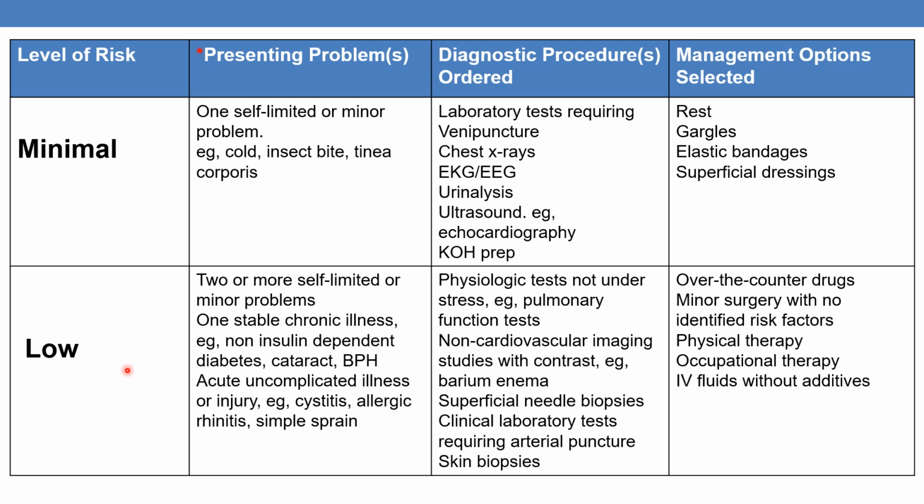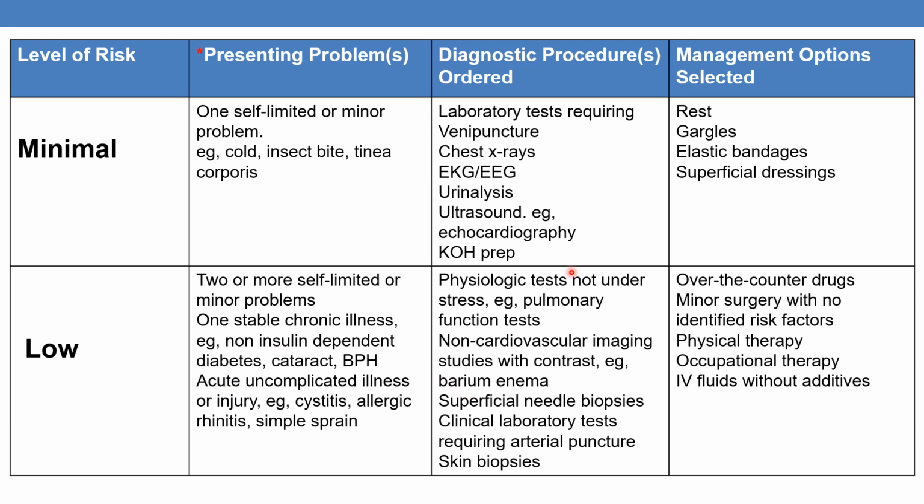Now let us discuss the second case where the level of risk is low. If the presenting problem is two or more self-limited or minor problems, or if the patient has one stable chronic illness, for example, diabetes mellitus, cataract, BPH, or acute uncomplicated illness or injury, for example, cystitis, allergic rhinitis, or simple sprain. In all these cases, the level of risk is low.